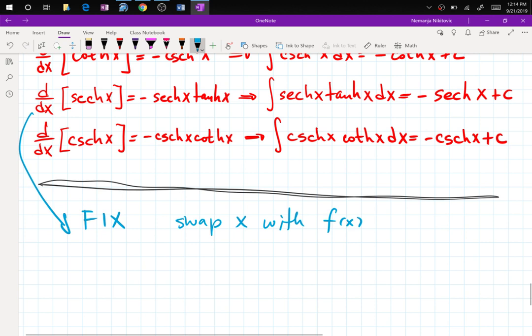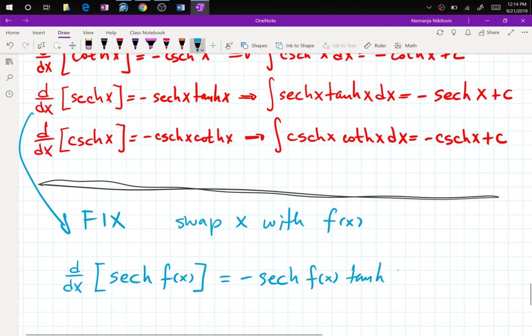So the derivative of secant hyperbolic of f of x, meaning x squared or whatever else you put in there, is going to give you negative secant hyperbolic f of x tangent hyperbolic f of x times f prime of x, because that's the chain rule.